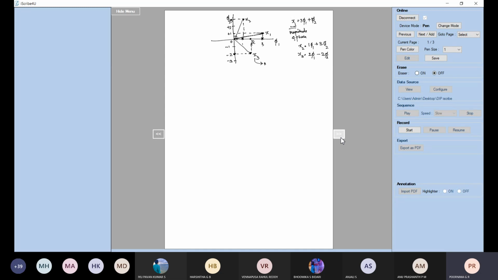So these are the message vectors for the 3 signals x1, x2, x3, and this figure illustrates the geometric representation of signals for phi1 and phi2, that is n equal to 2 and m equal to 3.